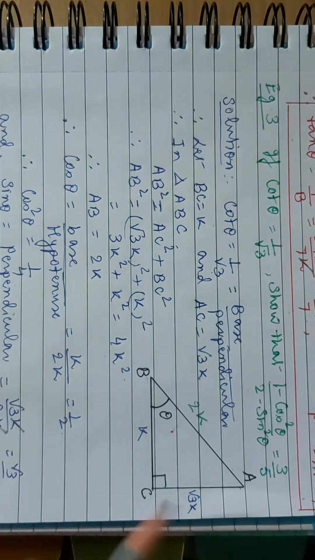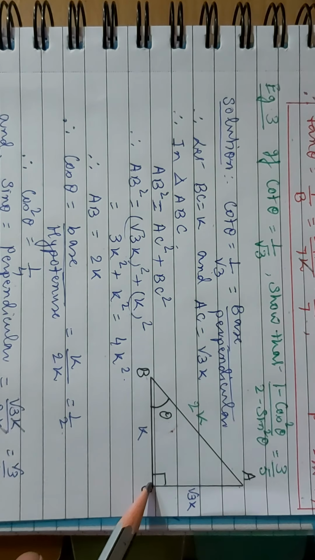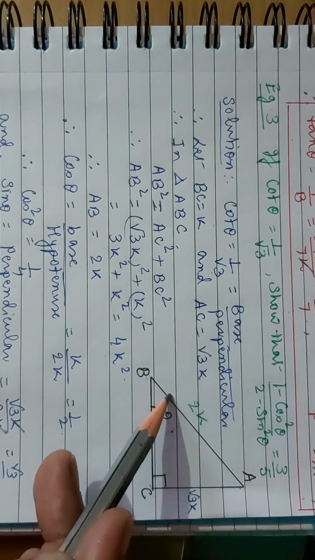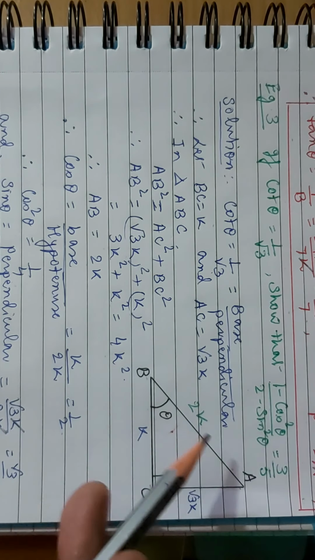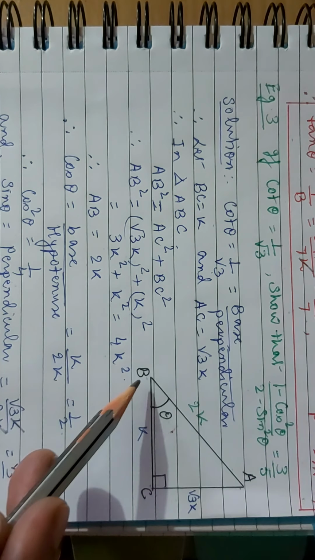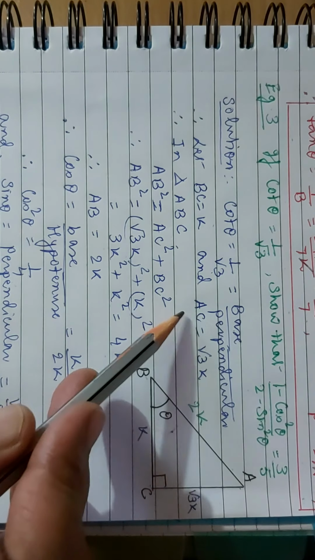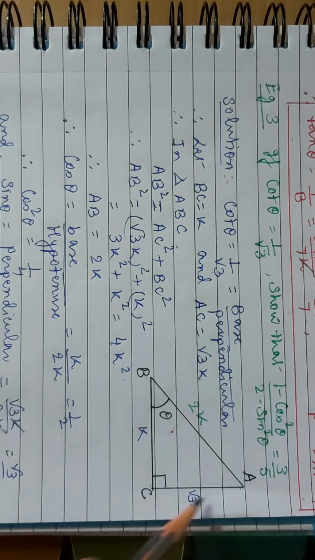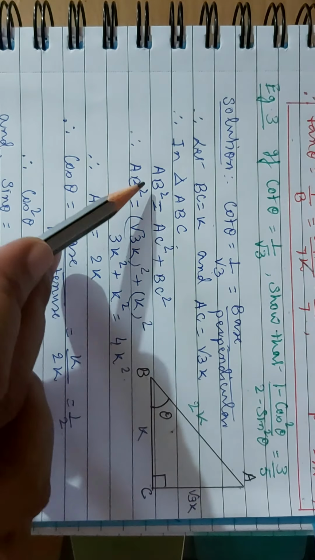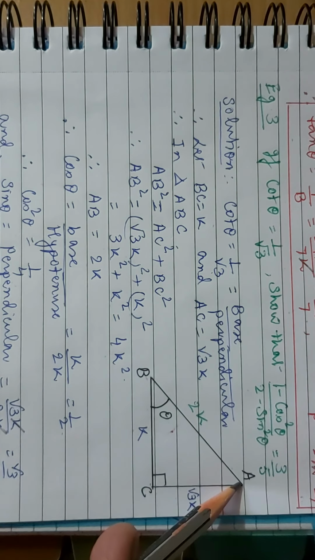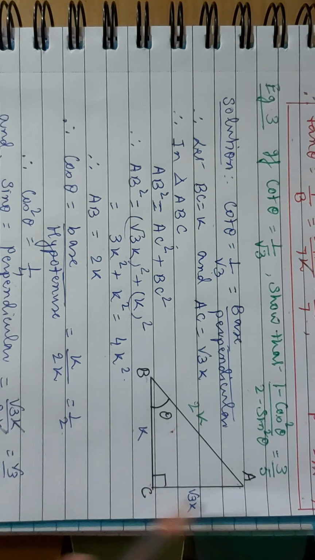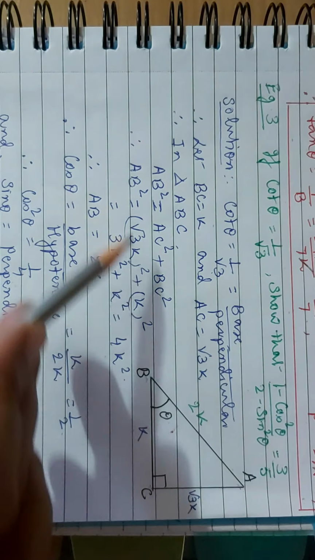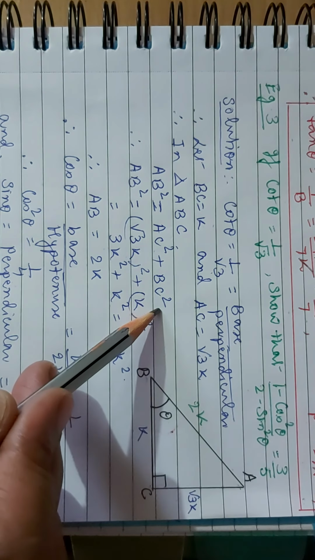Again consider the triangle ABC, angle C is 90 degrees, and this angle theta is there which we are considering. So let the base BC be k and the perpendicular AC be root 3k. Using Pythagoras theorem, AB square is equal to AC square plus BC square.